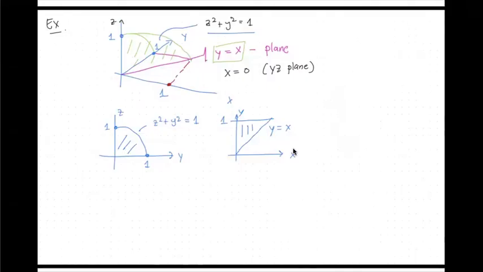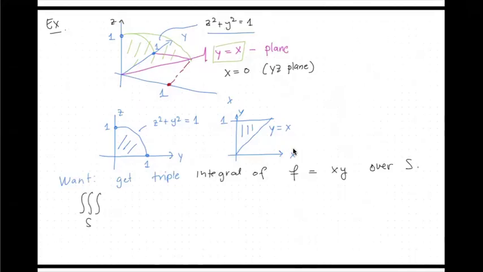So now we want to get the triple integral of our function f defined by xy over S. Now, this is the ordinary triple integral that I mentioned earlier from the question of your classmate. So this is f.